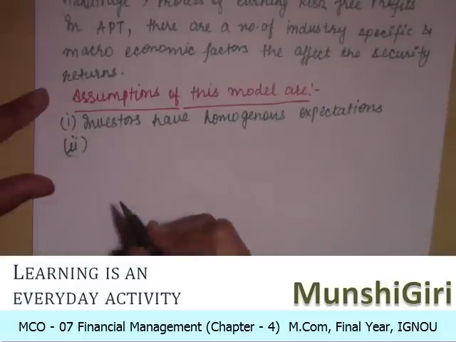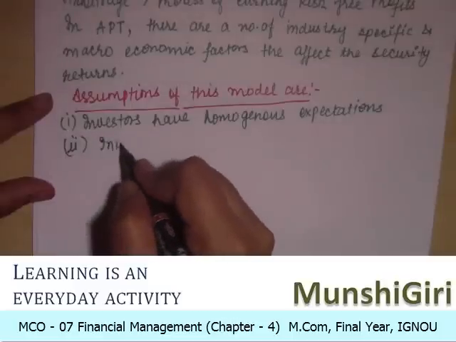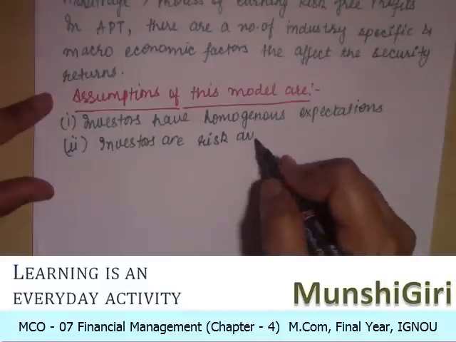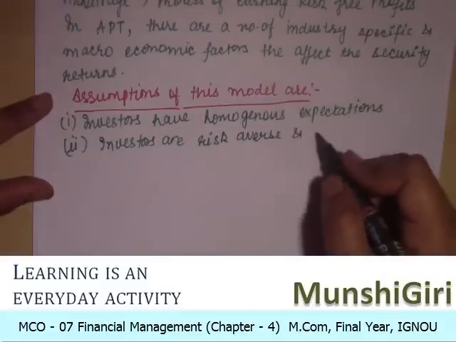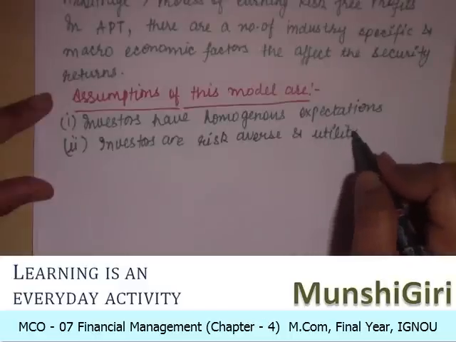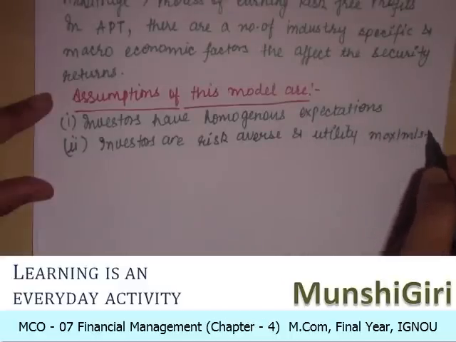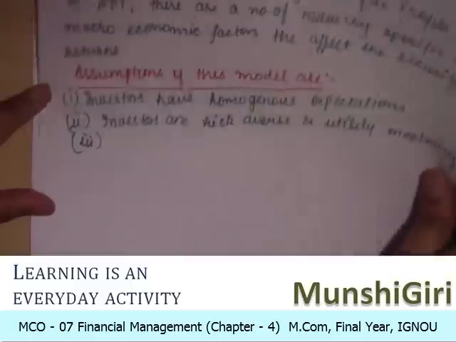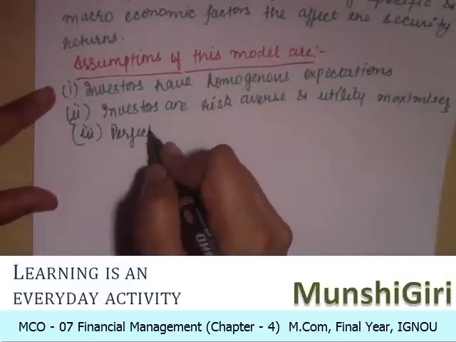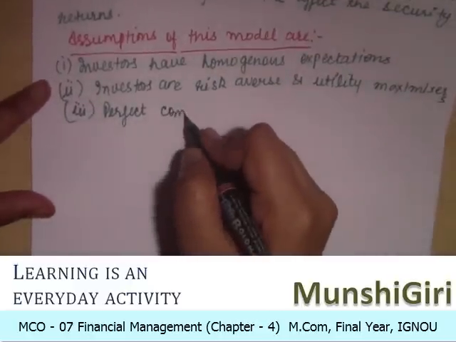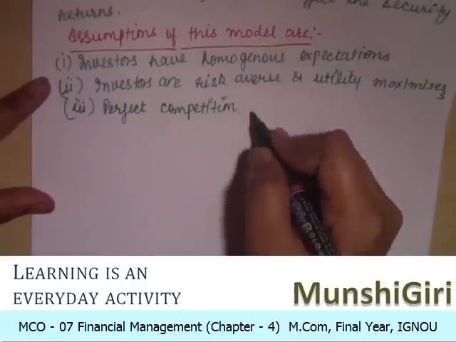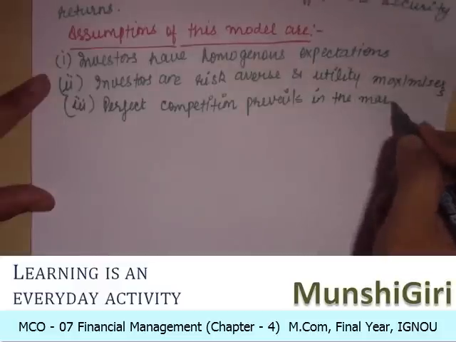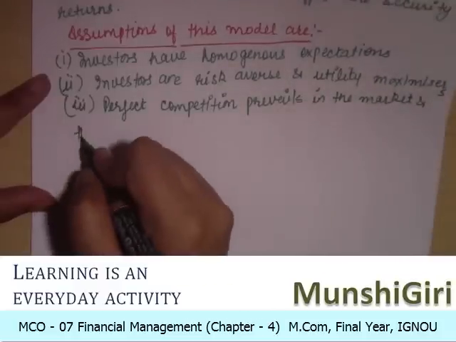Second, investors are risk averse and utility maximizers. Third assumption is that perfect competition prevails in the market. And there is no transaction cost.